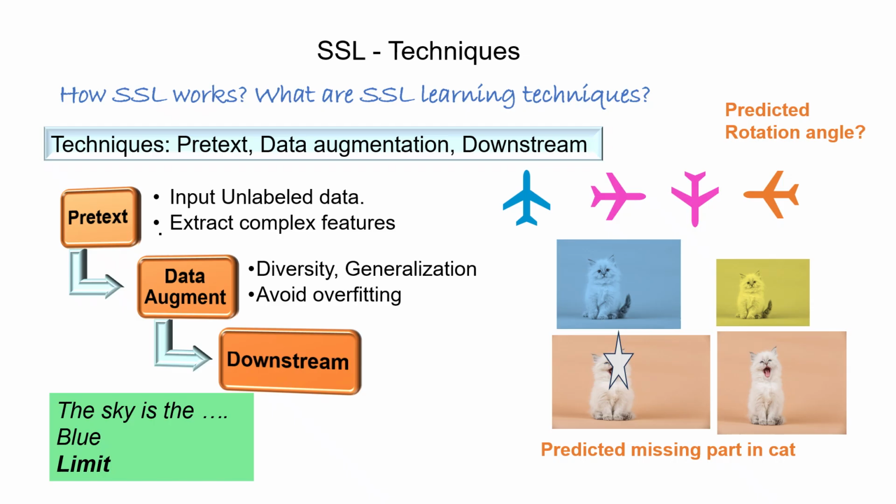But how to create diverse data and how does data augmentation increase the diversity in the data? It is a simple technique. To create diverse data, create different views of the input image. That is, take an input image and then create variations of the image by resizing the image, cropping the image, or blurring the input image.